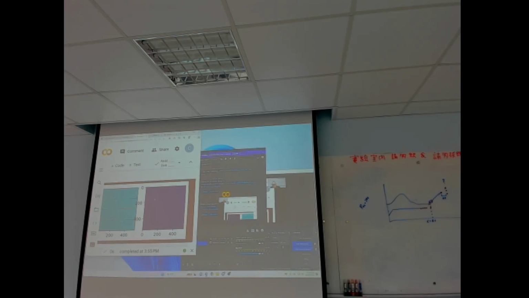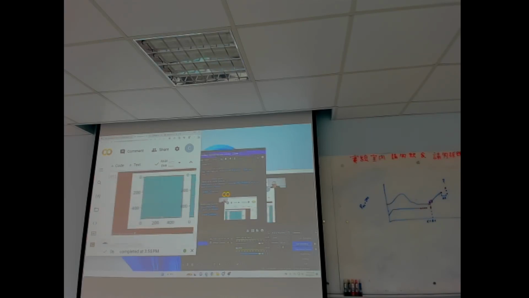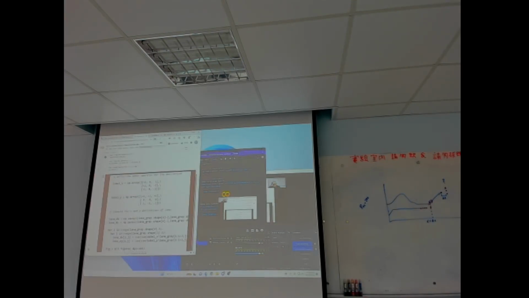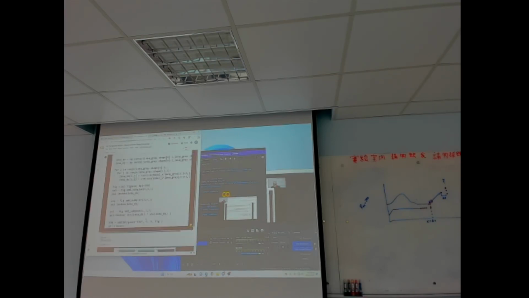I mean, for the grid pattern, it works very well. Let's try that one again.